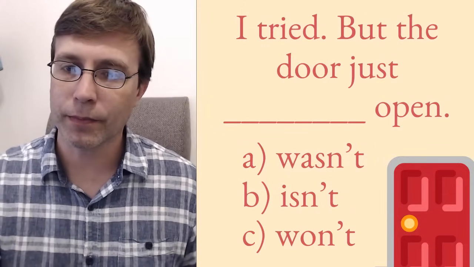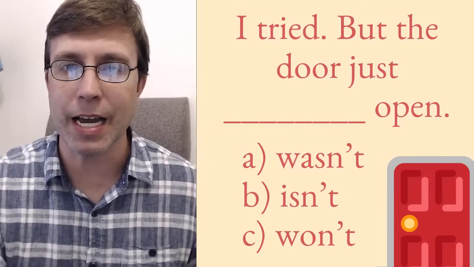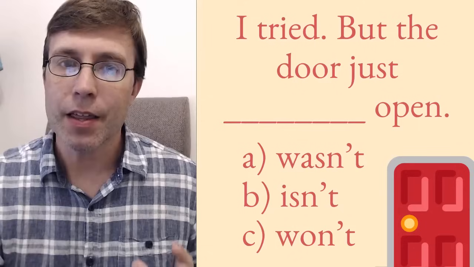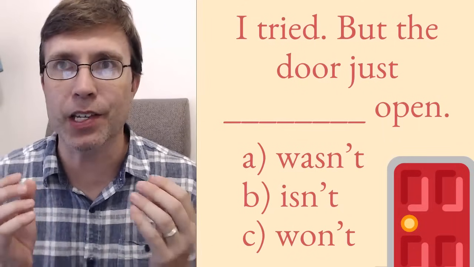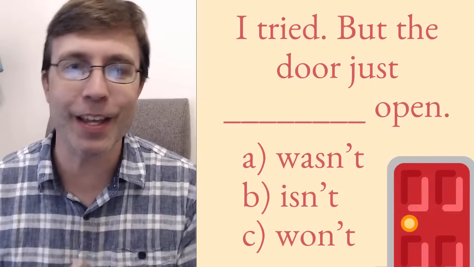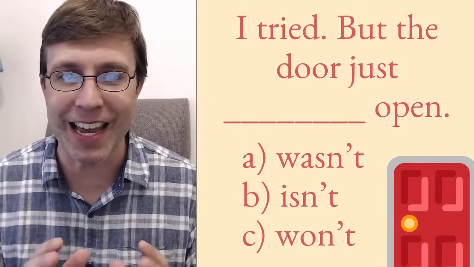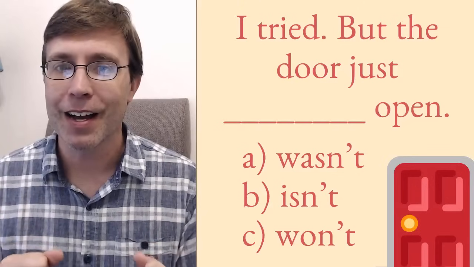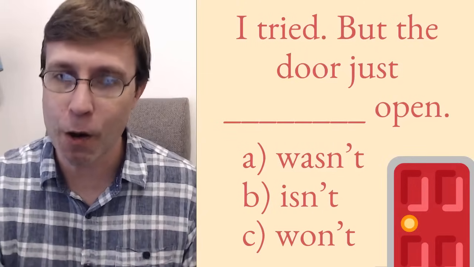So let's see. I tried, but the door just open. All right? Think about if somebody is saying this to you. The key phrase I would say is I tried. I tried to do something, but the door just open.